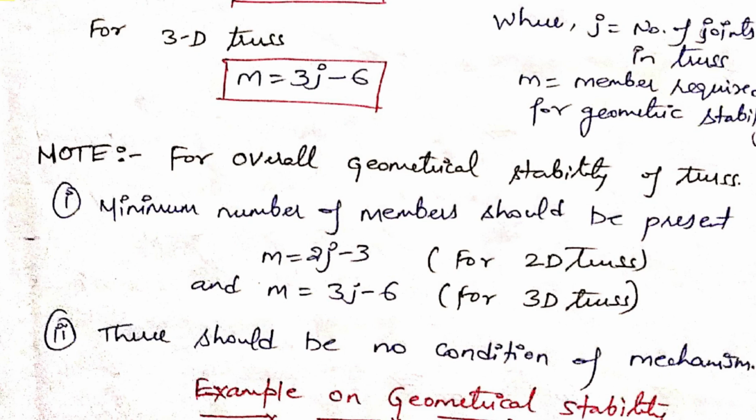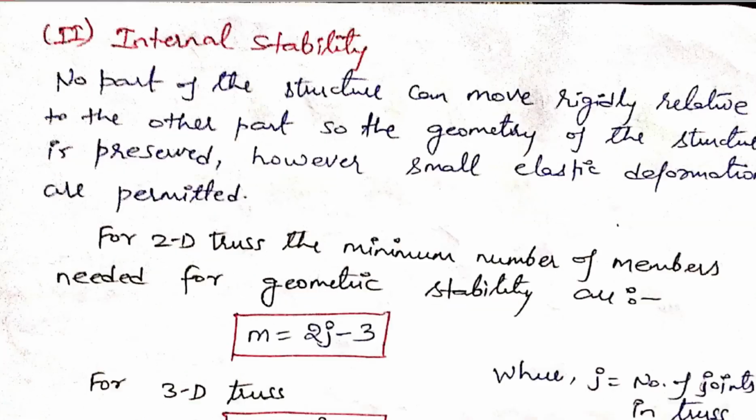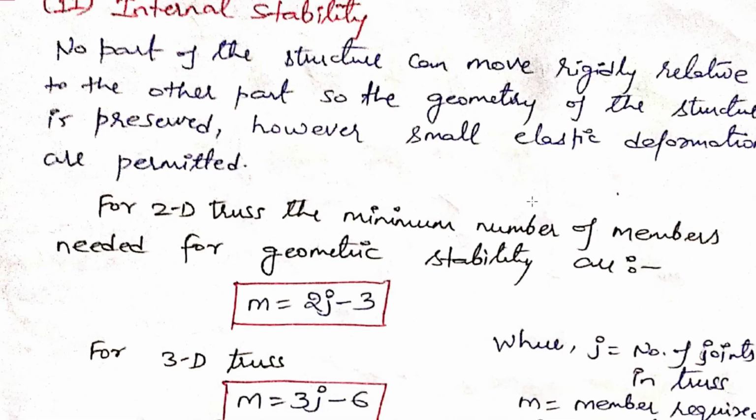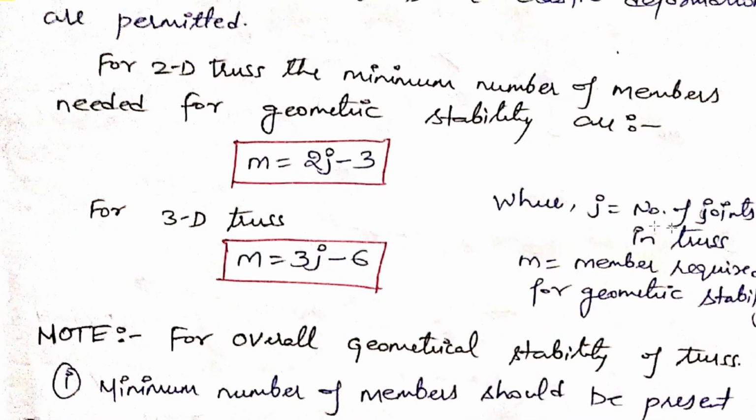I summarize here that for internal stability, the minimum number of members should be 2j - 3 for a 2D truss, and 3j - 6 for a 3D truss. j is the number of joints in the truss, m is the number of members required for geometric stability, and you can refer to these empirical equations.